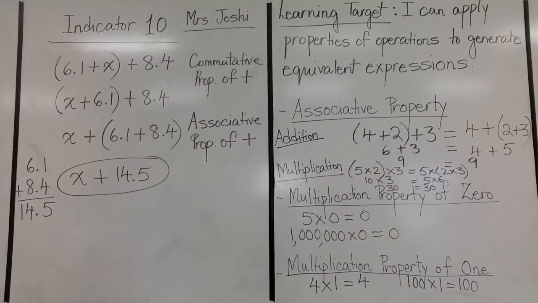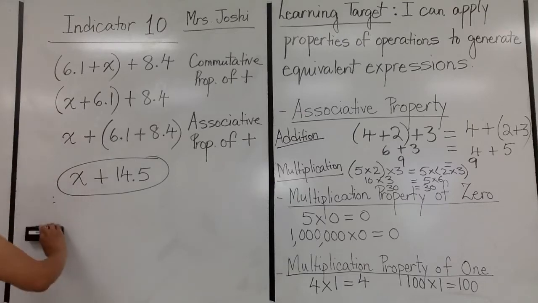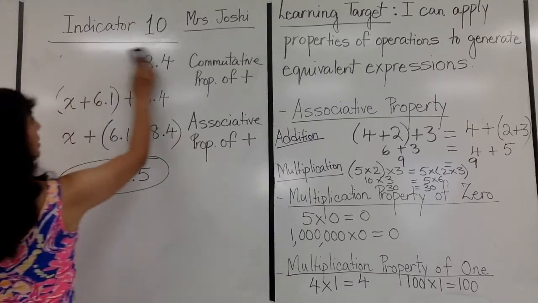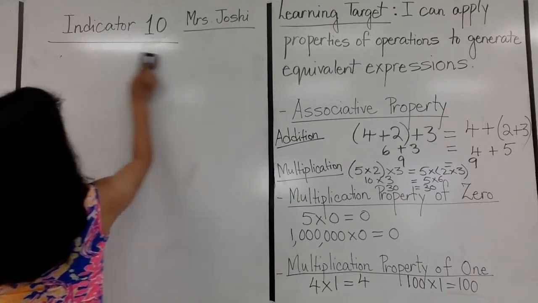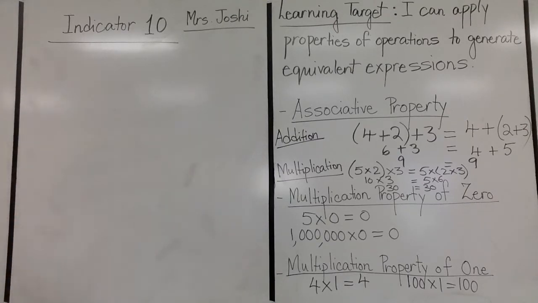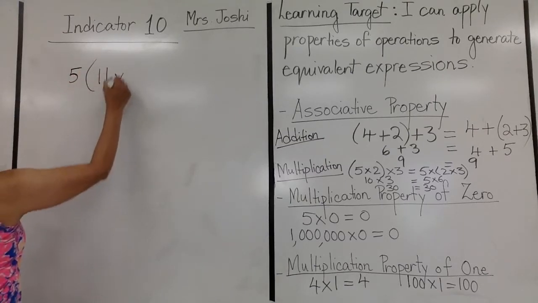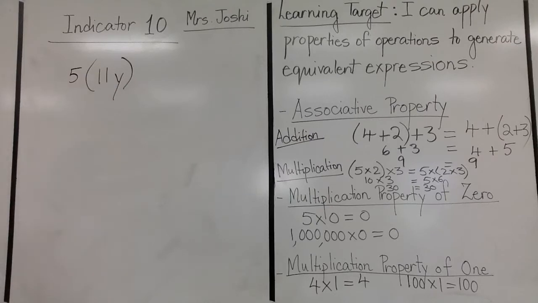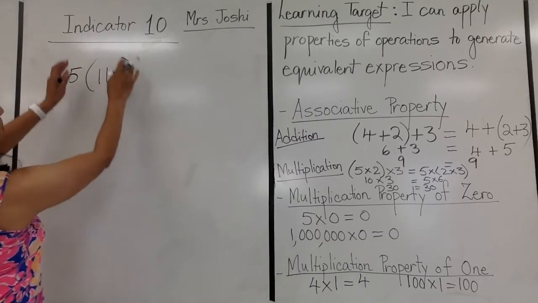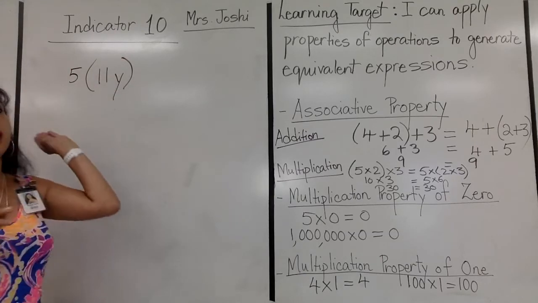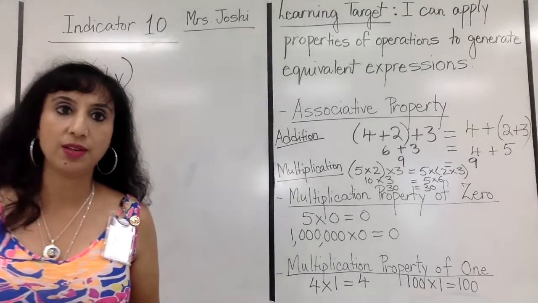Let's do one in which I have, let's see, give you one with multiplication because you've done with addition. Okay. So if I give you 5(11y), now this is multiplication, because anytime a parenthesis is like this and a number is outside, basically it is multiplication.